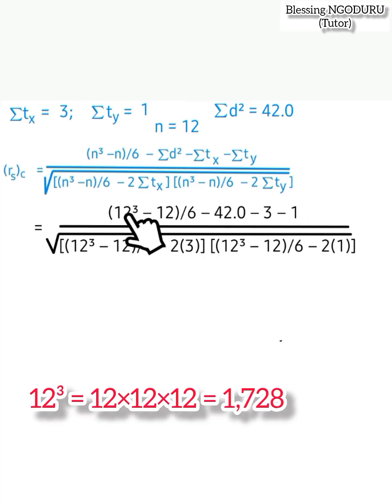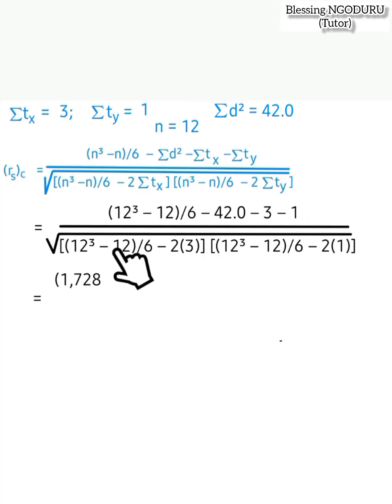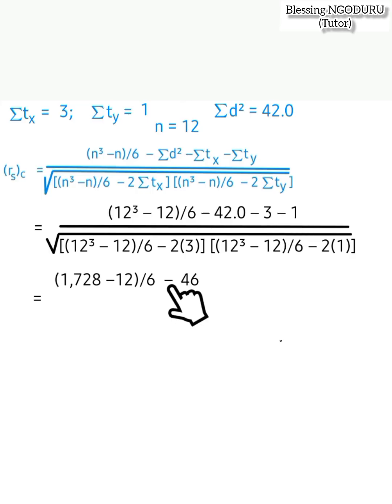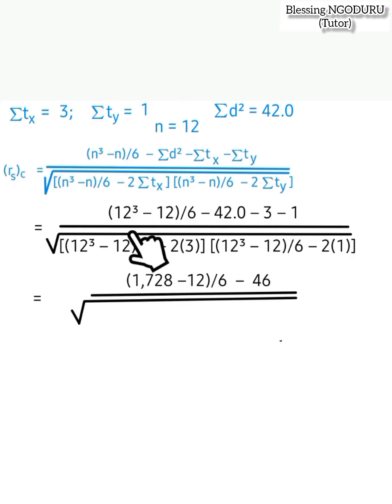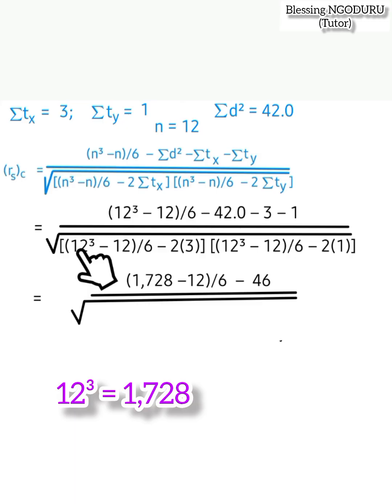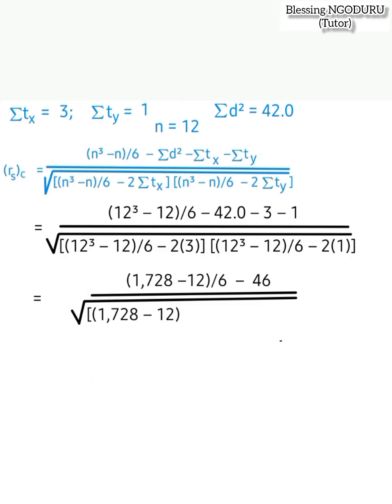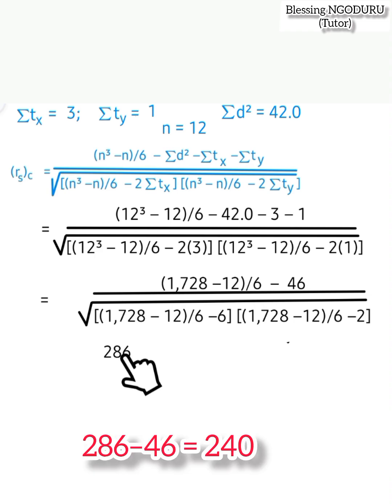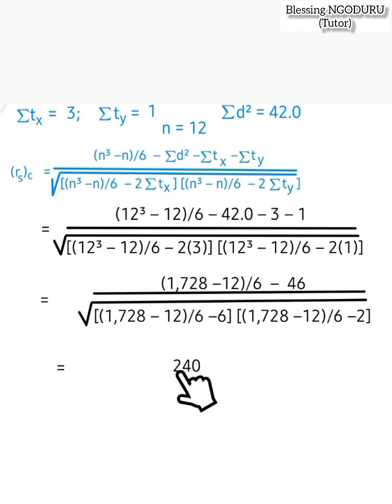12 raised to power 3 is equal to 1728, minus 12, divided by 6, minus 42 minus 3 gives minus 45. Minus 45 minus 1 is minus 46. Then divide by the square root of 1728 minus 12 divided by 6 gives 286, minus 46 gives 240.